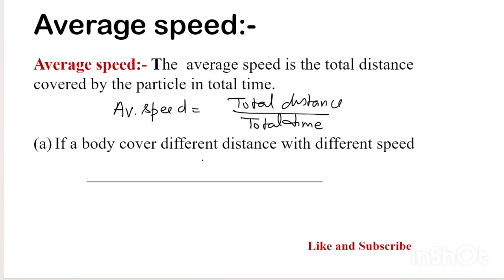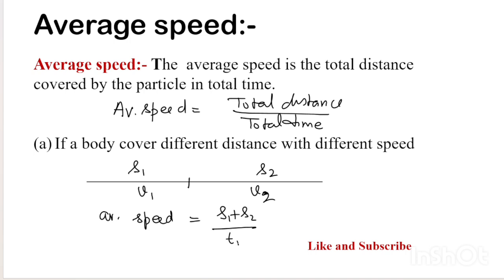Now the first part: a body covers different distances with different speeds. Suppose a body covers distance s1 with speed v1 and distance s2 with speed v2. So the average speed is equal to total distance s1 plus s2 upon t1 plus t2. Now this s1 plus s2 upon time, s1 upon v1 plus s2 upon v2.